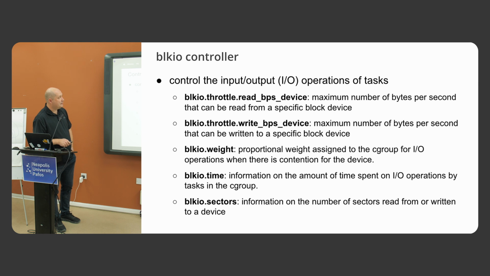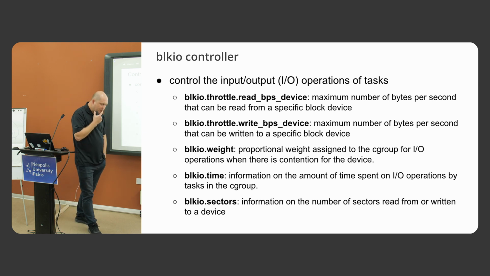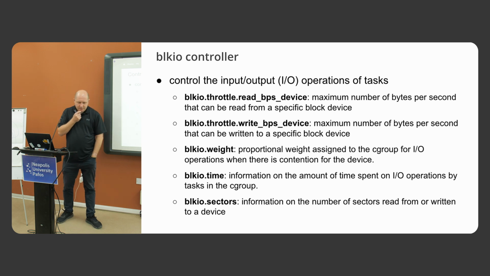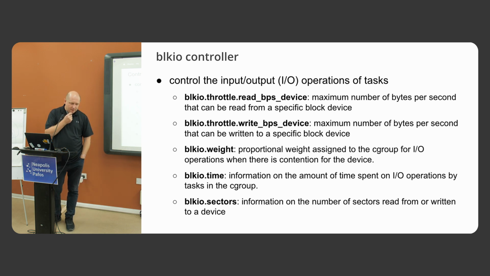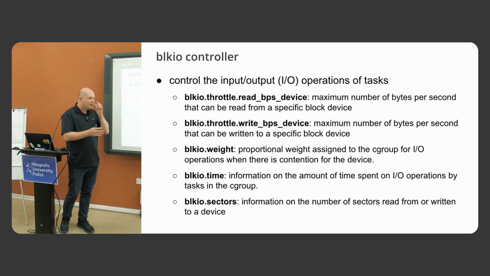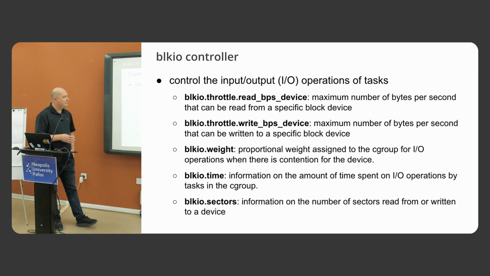IO operations, it's quite interesting when you want to reserve some set of buffers, network buffers, maybe bandwidth of some operations or for some devices. It could be controllable by this.